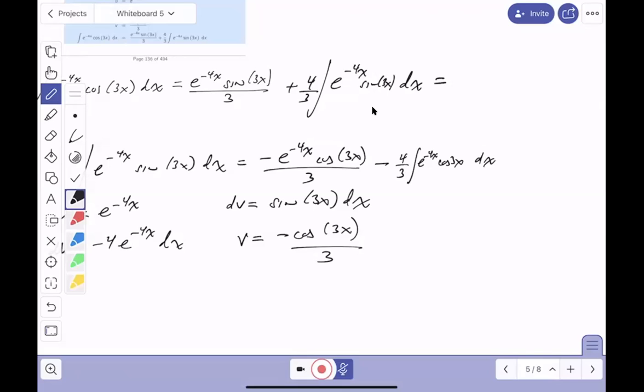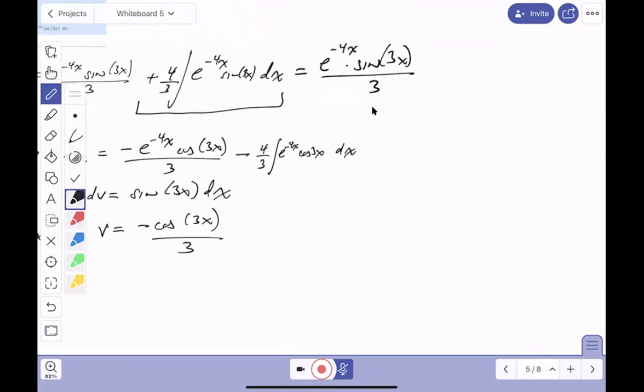And what I write down is, I got to take this integration over here, which I just did, but I got to multiply by 4/3, right? Let me write down. I have to be very careful about it. So e to the minus 4x times sine of 3x over 3 minus 4/9.